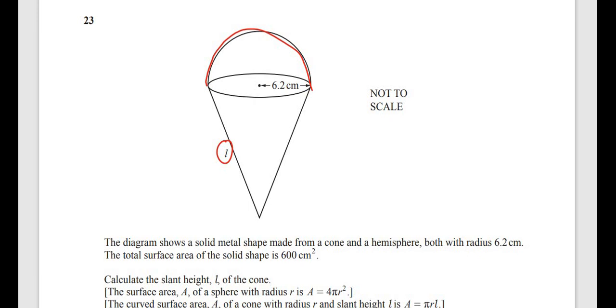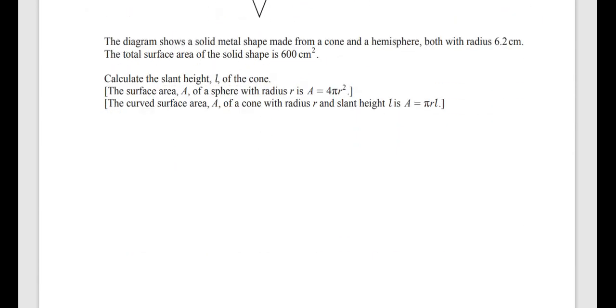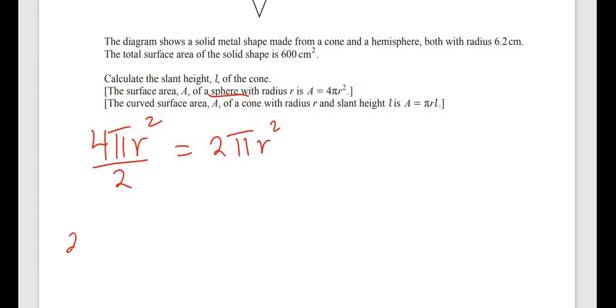So we need to ask ourselves, how was that surface area found? The surface area of a sphere is 4 pi r squared. Since this is a hemisphere, we can divide it by 2, meaning that the surface area of the hemisphere will be 2 pi r squared.